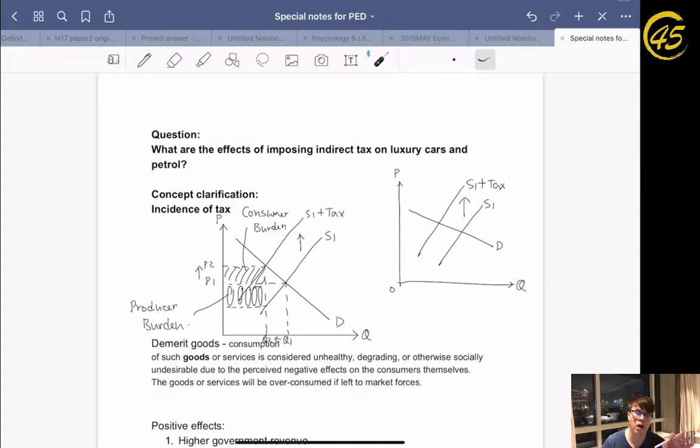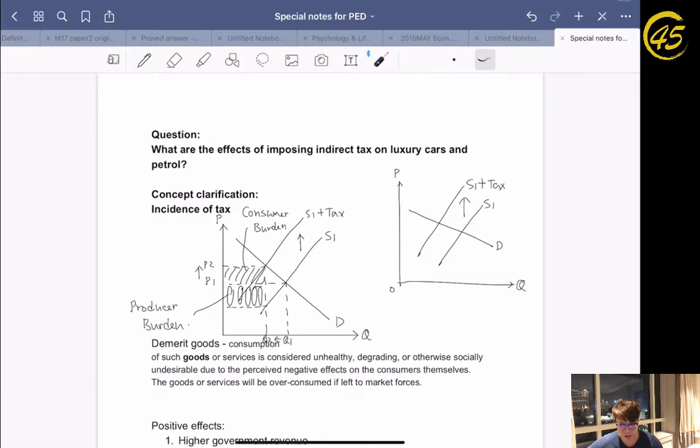The part borne by the consumer is called the consumer burden, and the part borne by the producer is called the producer burden. So where is the consumer burden? We'll draw a straight line above Q2. This straight line represents the per unit tax.